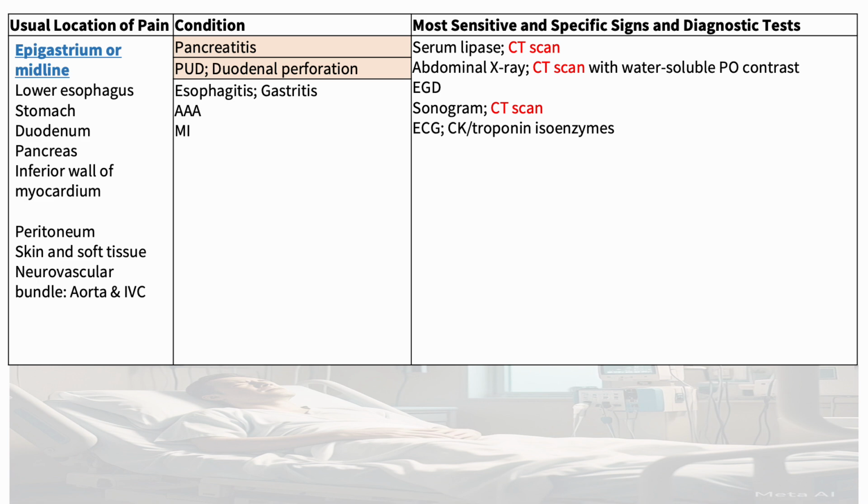And then ultrasound is a good starting test for large vessels in that area, including the aorta. But CT scan, of course, is needed for more details or to give more information. And then, of course, for myocardial infarction, you need to check ECG and cardiac enzymes to look for that.